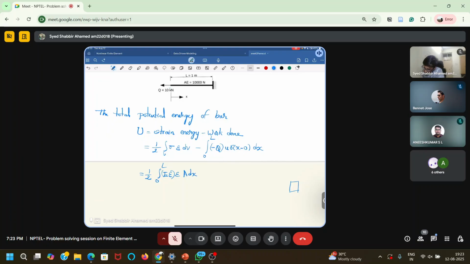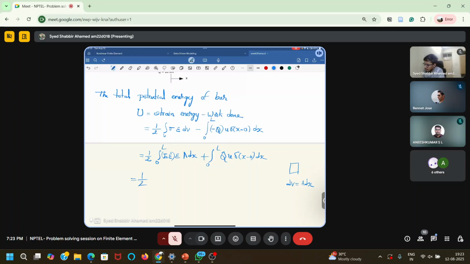The volume of a small element is dV equals A into dx, and I'll integrate it over the domain. Then I can write, instead of taking minus, plus q into u into delta(x minus 0) dx.